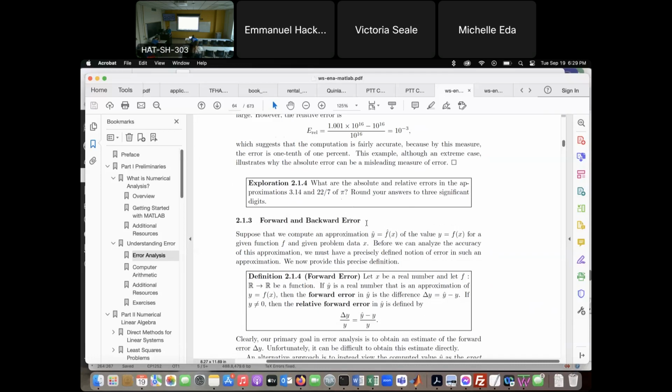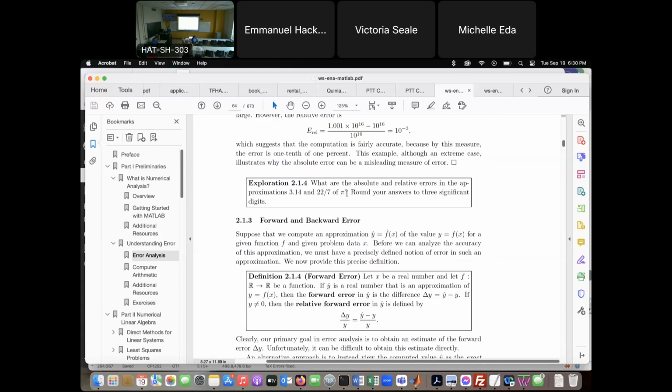Wait, how do we get 22 over 7 if that's y hat? And y is also pi, because both of these numbers approximate pi.